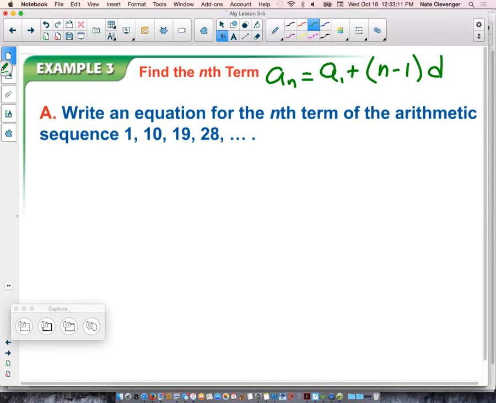So as a_n values, this is a_1, a_2, a_3, a_4. The n is simply the number of the term, so this is the fourth term in that order.